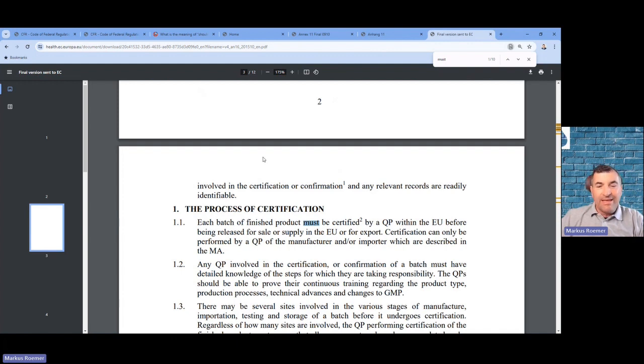A should is definitely a must. So do yourself a favor and just read it as a must. If you have good reasons why you can't do that, then you might find another way, but then you must prove that the other way is also working. So should is a must if you can do it. Very simple.